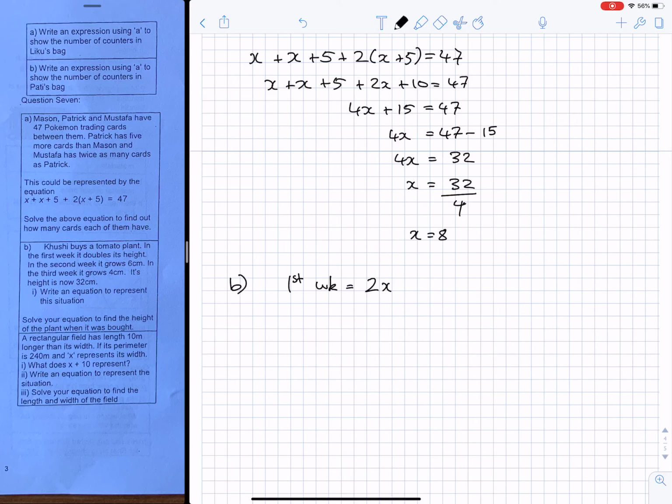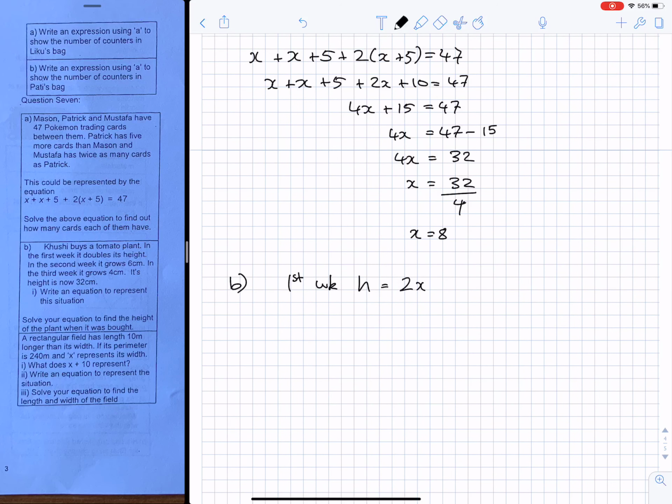So in the first week, the height is doubled. In the second week, it grows 6 centimeters. So second week, height is 2x plus 6.